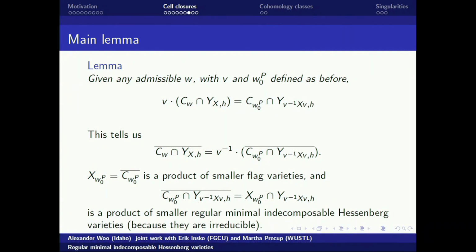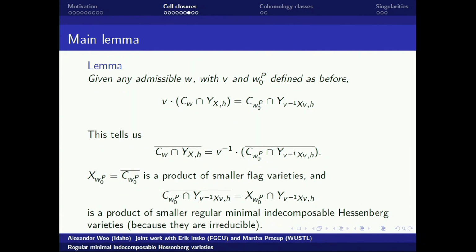Now you might ask, why in the world do I want to hit it to something like this? Well, these W not P's, their Schubert varieties are just little flag varieties. And little flag varieties, we understand Hessenberg varieties sitting inside little flag varieties. They're just Hessenberg varieties. So now the closure, instead of this intractable problem, is just: what's the closure of the big cell of a Hessenberg variety inside of a Hessenberg variety?